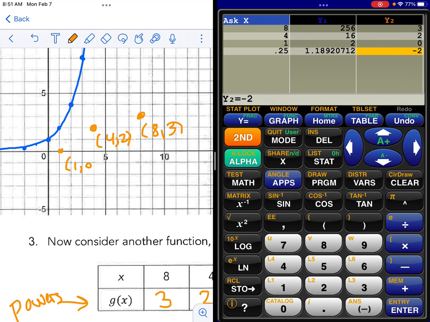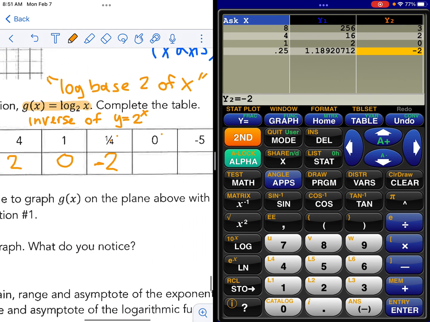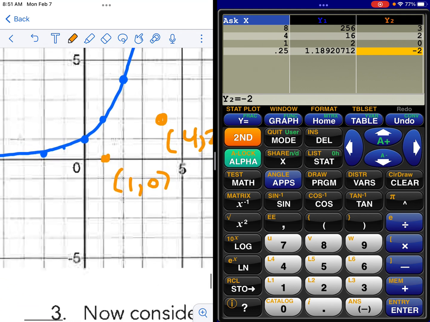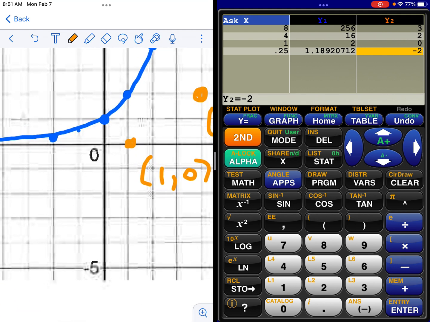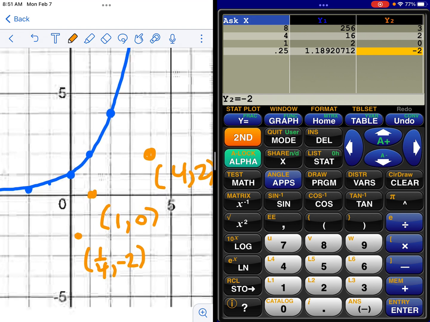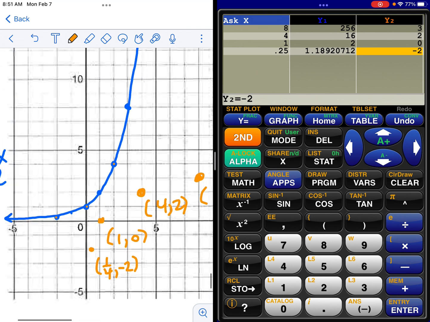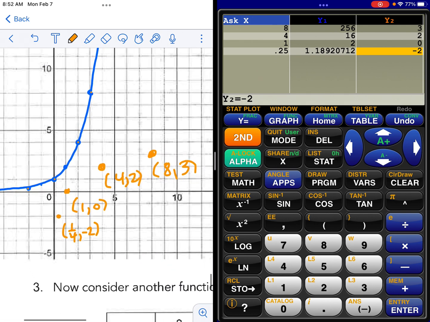We have an x-intercept instead of a y-intercept now. 1 comma 0. And we have a quarter comma negative 2, right? That's a quarter comma negative 2. Those are all inverses of these points on the exponential function.